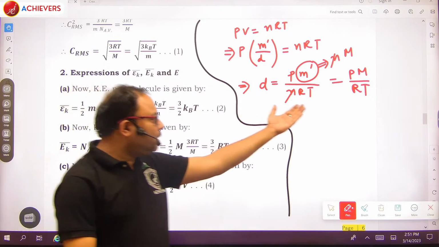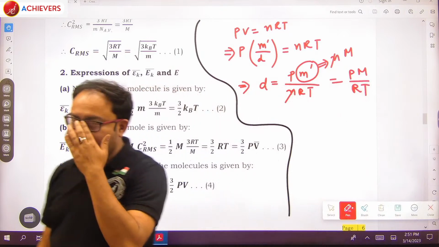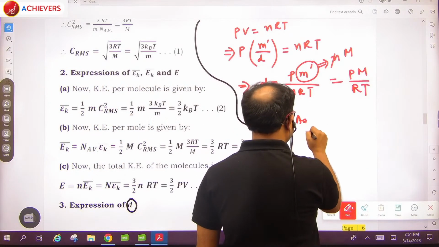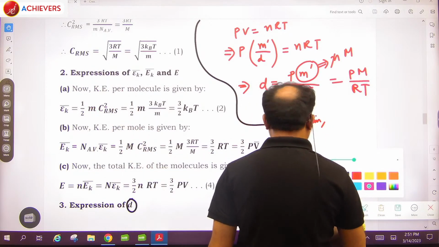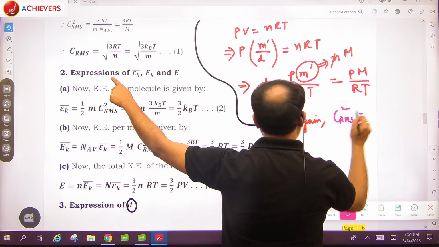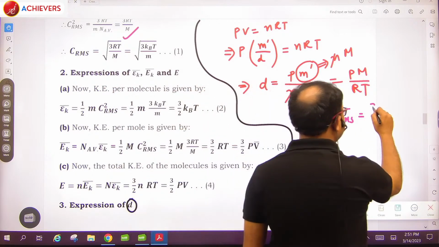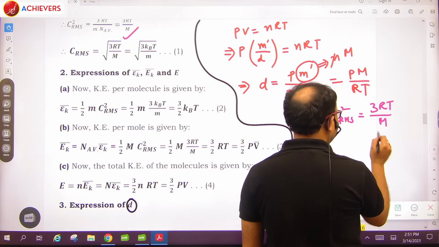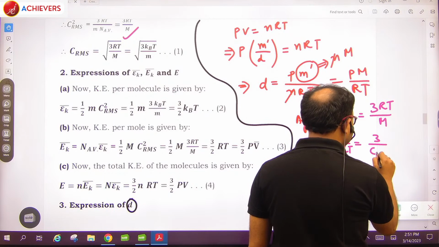You can also write this expression in terms of CRMS. Because we know that from this expression, if you square both sides, CRMS square is 3RT by M. So M by RT is 3 by CRMS square.